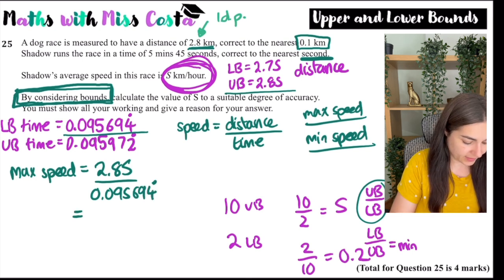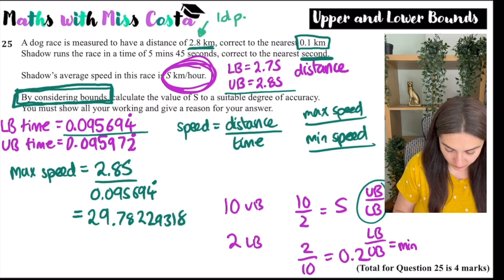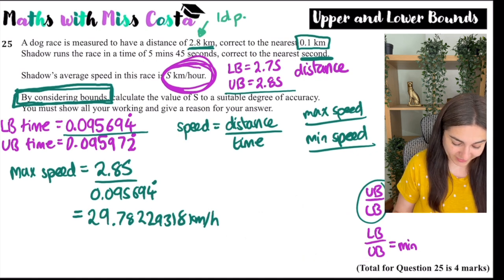So 2.85 divided by 0.095694 is 29.78229318 kilometers per hour. Which is pretty fast. Cocker Spaniels are very fast and amazing creatures.